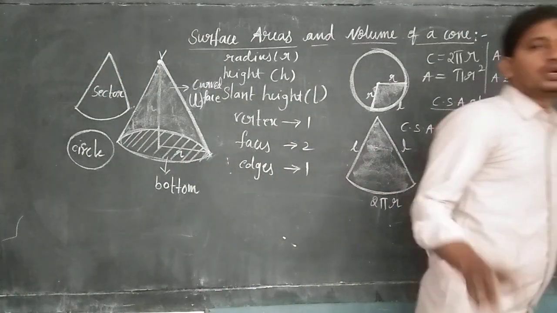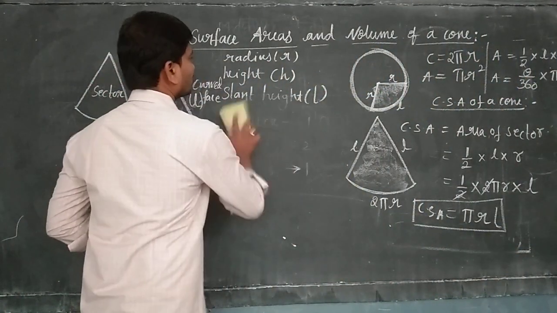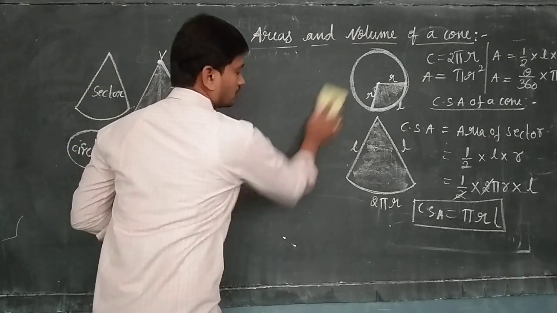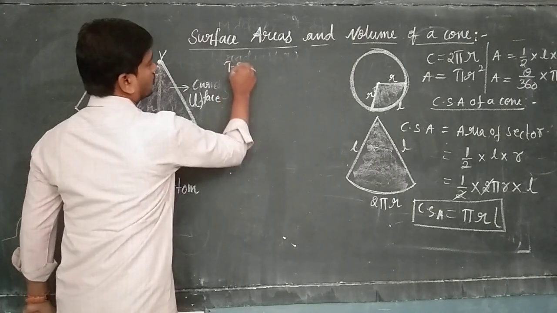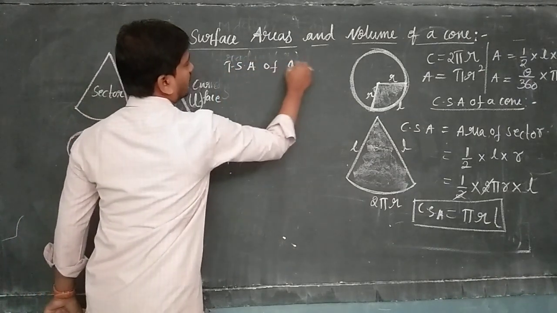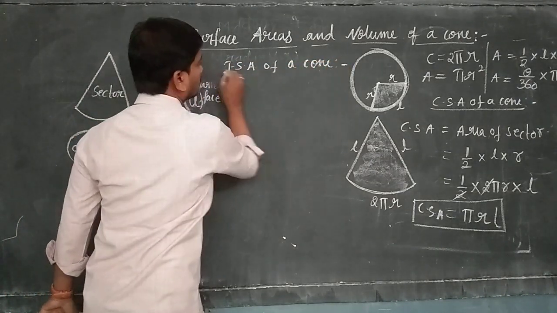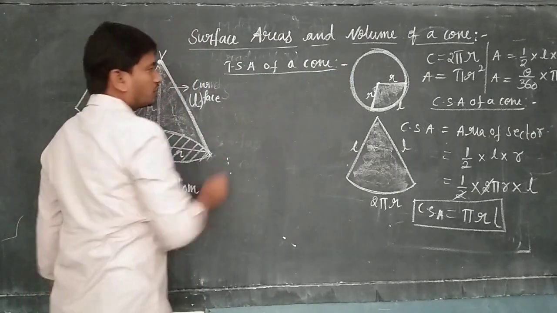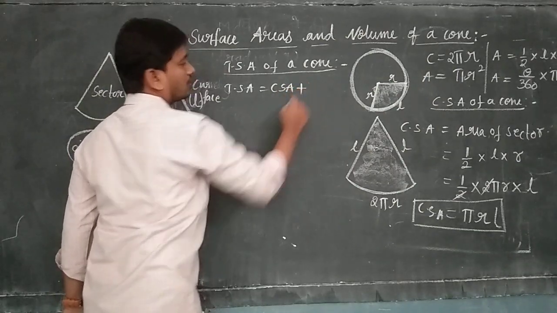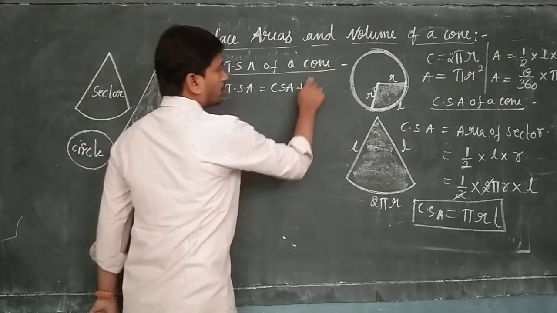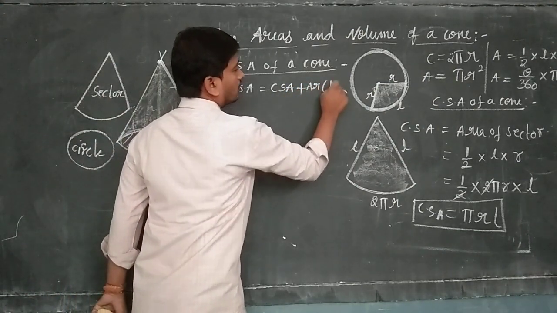Now coming to the TSA of a cone, the total surface area of a cone. So TSA equals what? CSA plus the area of the bottom face.